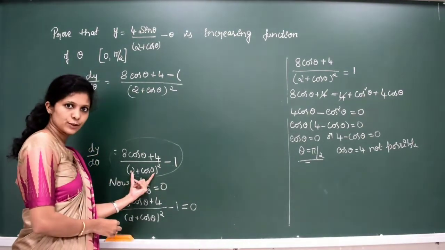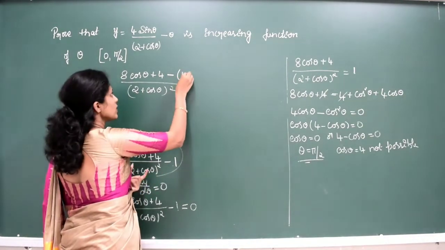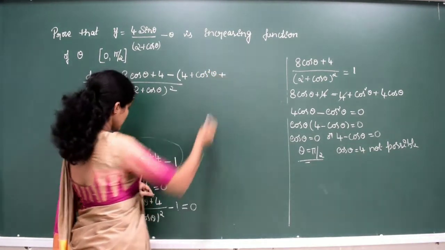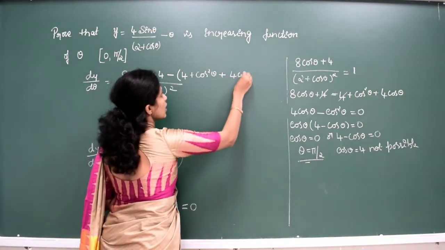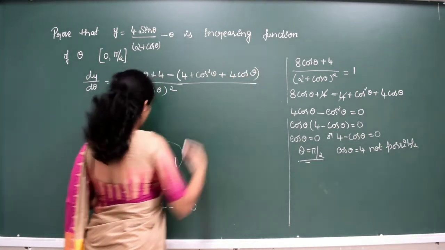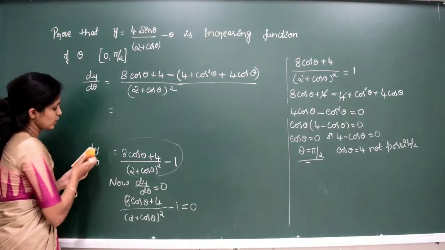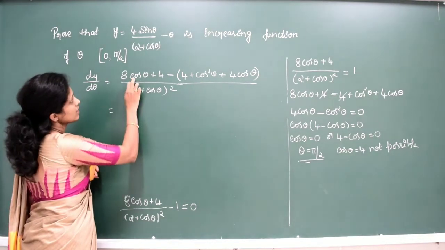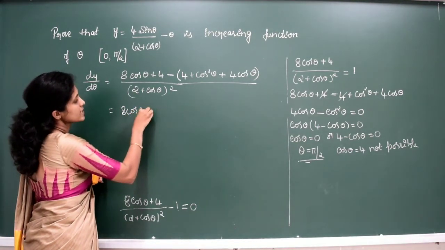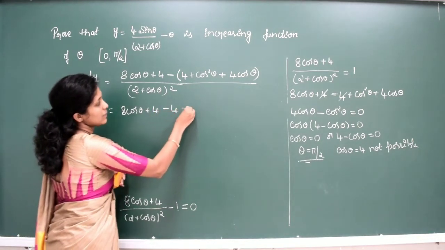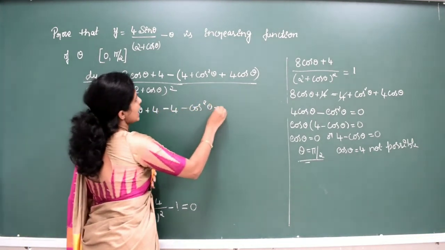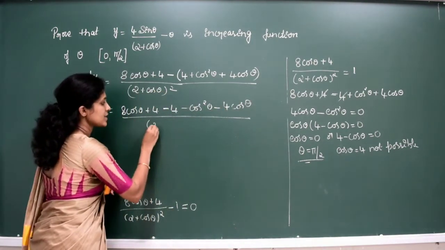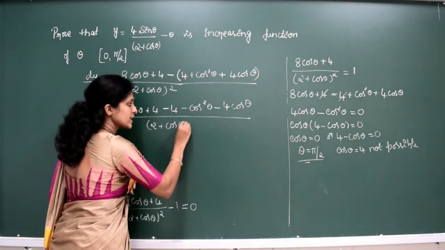So I directly write, it's of the form a plus b whole square, so this will be 4 plus cos square theta, right, plus 2 into 2 will be 4 cos theta. We will simplify this one. So this is equal to 8 cos theta plus 4 minus 4 and minus cos square theta and minus 4 cos theta, divided by the denominator as it is, that is (2 plus cos theta) whole square.